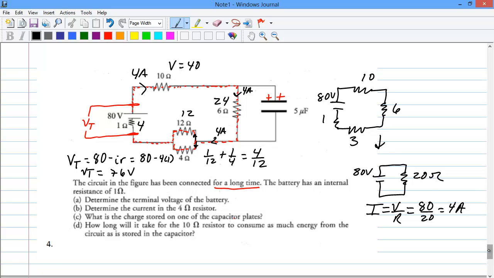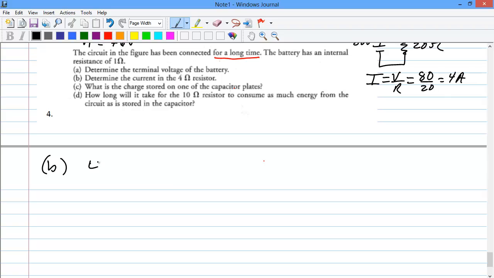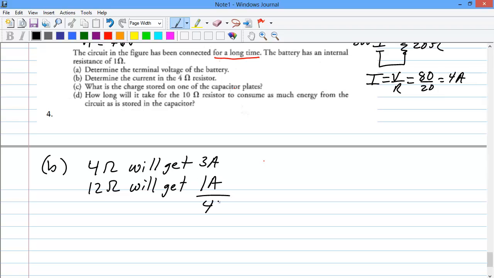So the only way that can happen is the 4 ohm resistor will get 3 amps and the 12 ohm resistor will get 1. If I add those two together, I get the 4 amps, which is the total current, and that's Kirchhoff's second law. So the answer is 3 amps.